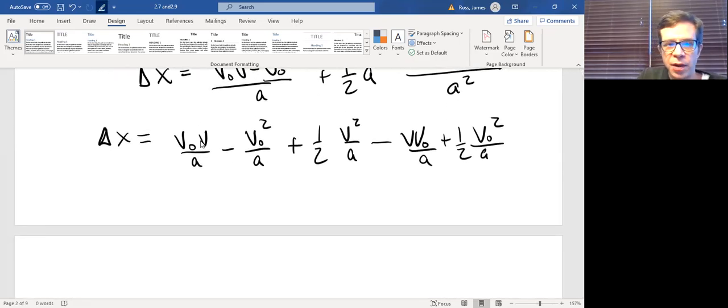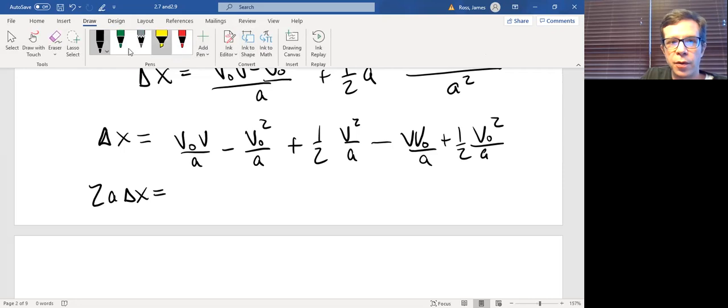All right, let's multiply everything by a to clean it up. And we'll multiply by 2 to clean it up too. Maybe I should have done that before distributing the 1/2. So we're multiplying everything times 2a.